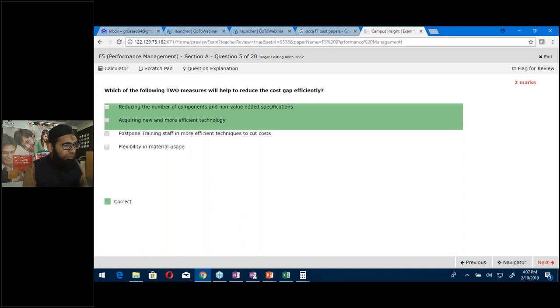Now, which of the following two measures will help to reduce the cost gap efficiently? And the correct answer is A and B. This is because in C, postponing training staff is not an efficient technique to cut down the cost.